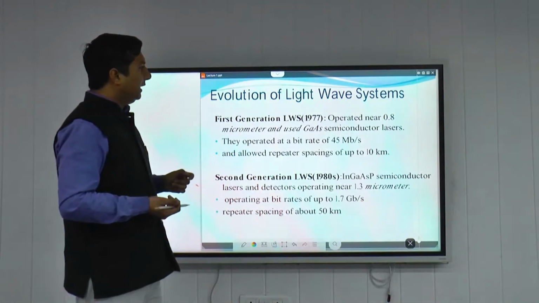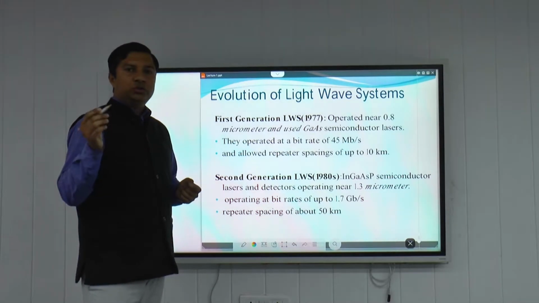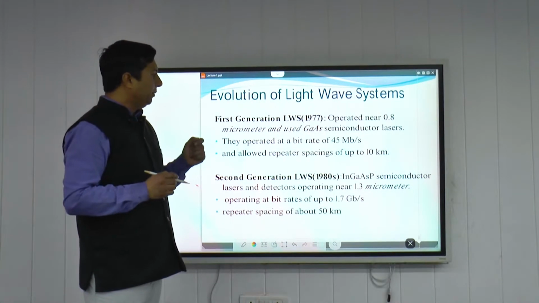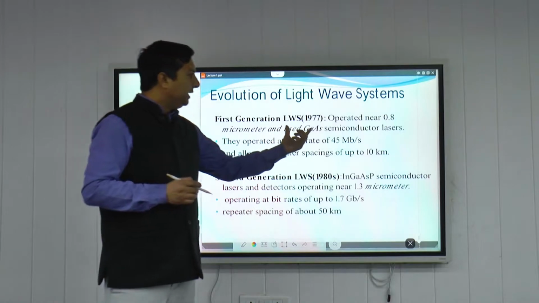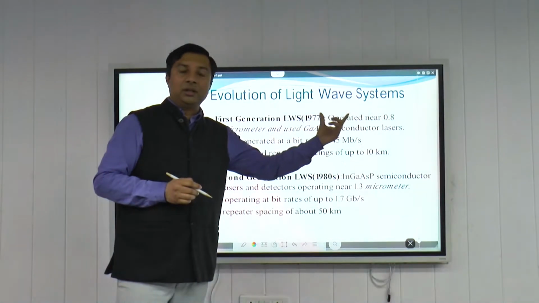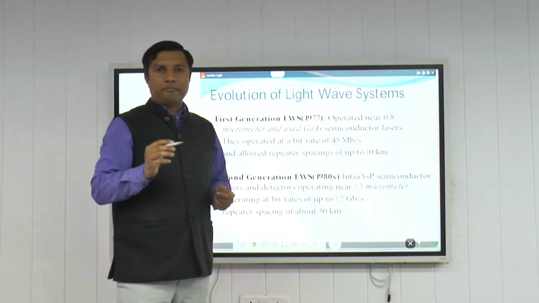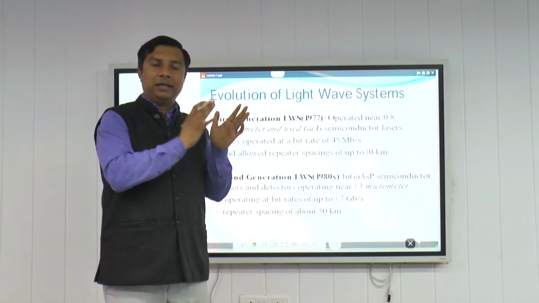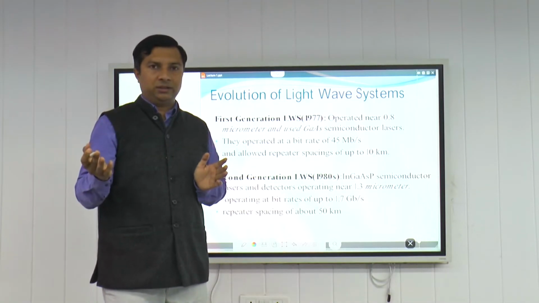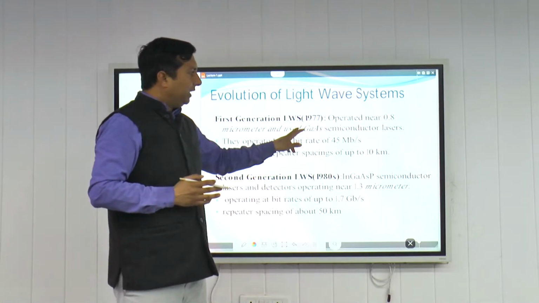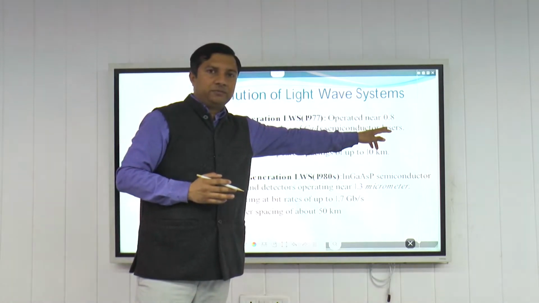So first generation, it operated near to 0.8 micrometer and used gallium arsenide semiconductor laser. Laser is a source which will convert our electrical signal into a light signal, and it has further different types.